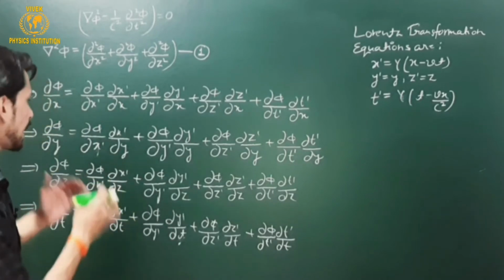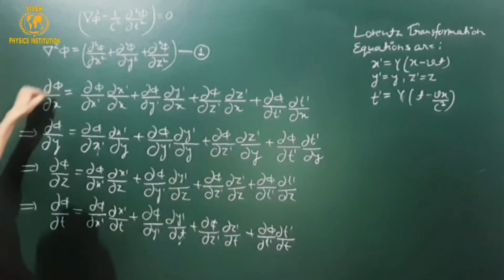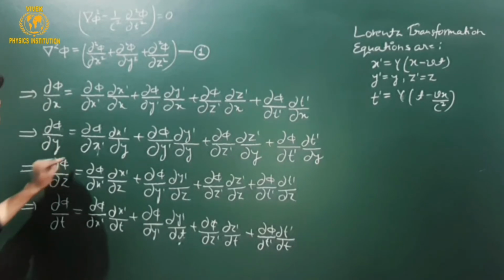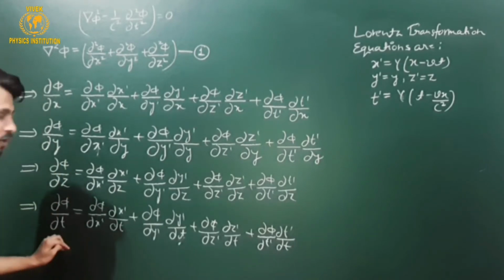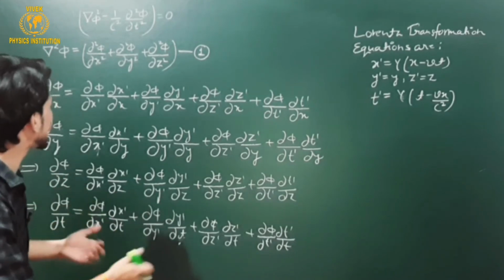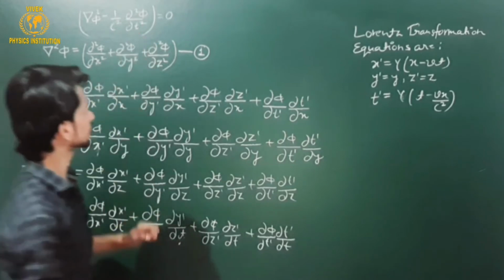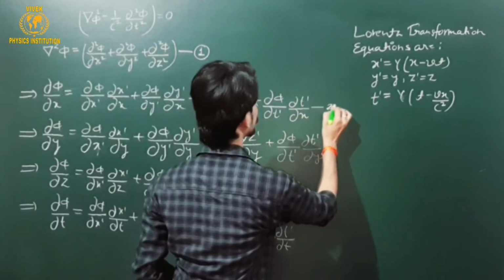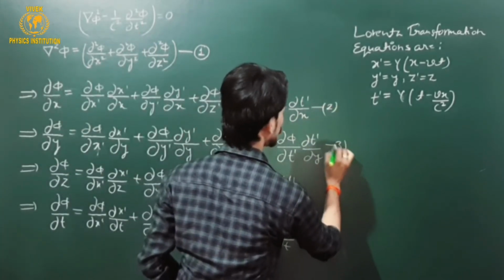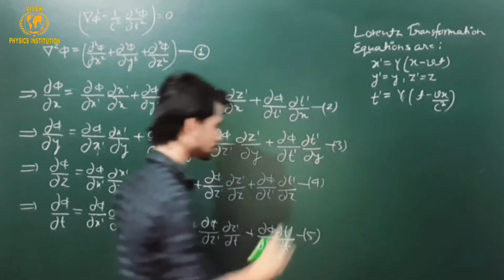So I have written the 4 chain rules for del phi over del x, del phi over del y, del phi over del z, and del phi over del t, because from all the 4 chain rules I will be able to get the value of each of these factors. Let me number these equations 2, 3, 4, and 5.